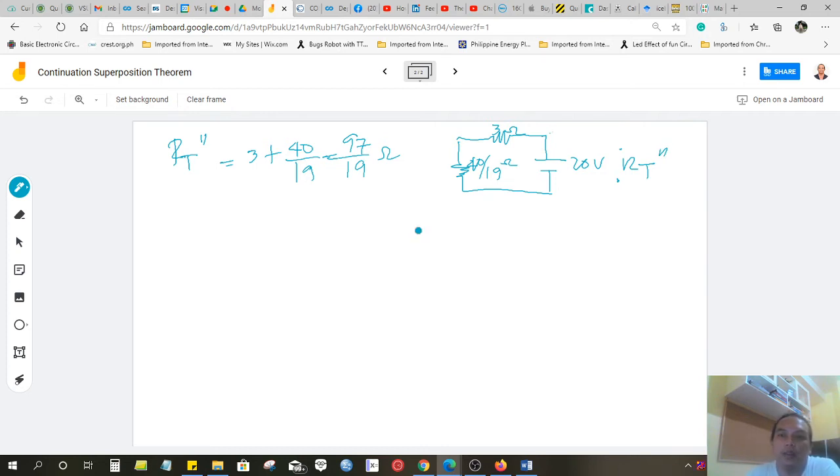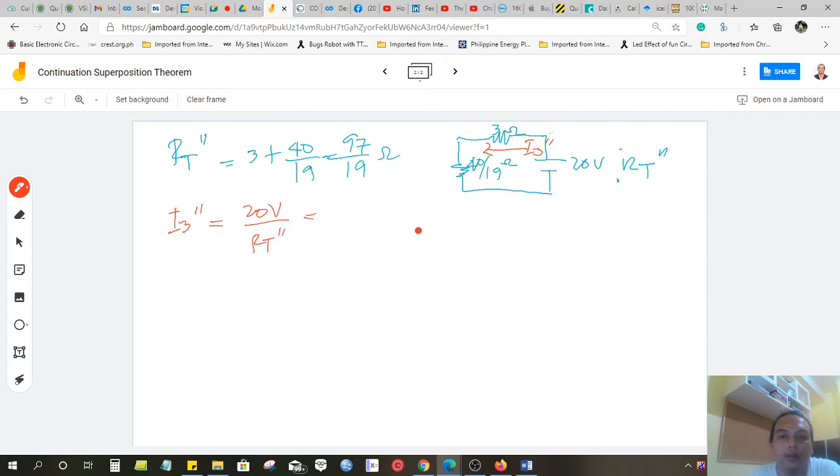Okay, so now if you have RT double prime, now you can get the value of your current here, that is I3 double prime. Okay, I3 double prime. So I3 double prime is equal to 20 volts over RT double prime.